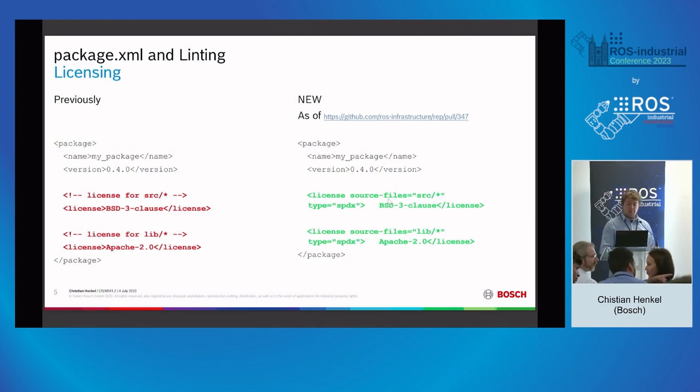The second change we made was also to introduce a type. Our first suggestion was to actually enforce this SPDX standard. SPDX is basically a standard that standardizes software bill of materials, but in this case all we are using is that they also standardize the names for licenses.